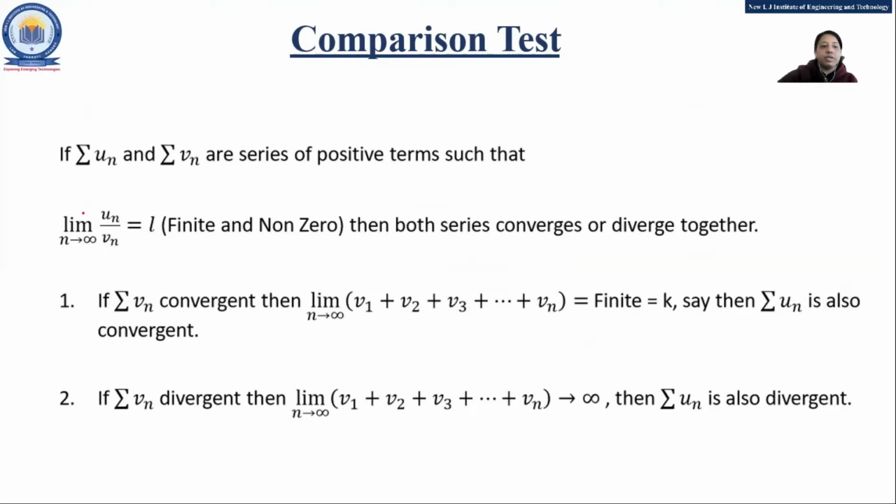If you have two series, summation un and summation vn, that are series of positive terms, then you find limit n tends to infinity un by vn equal to L. That means some finite number, obviously finite, and a non-zero number.